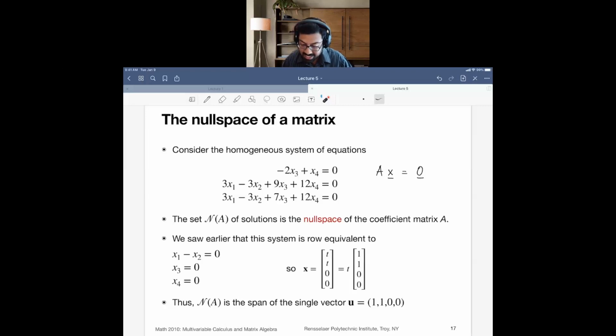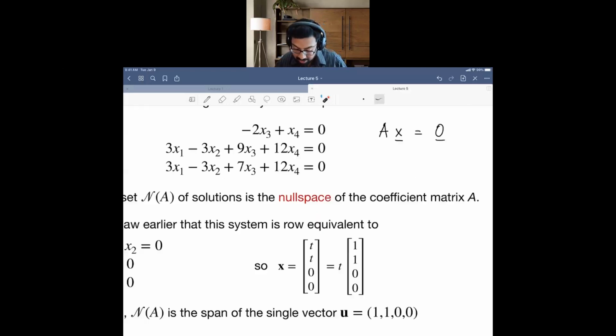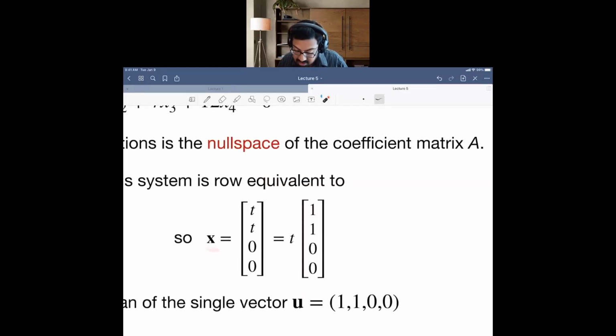What this means is I can write the solution for x as: t some arbitrary value, t some arbitrary value, because the first two have to match, and then the last two have to be 0, so 0 and 0. So over here we have infinitely many solutions, because for any t I will get a solution in x. But I can write that x as t multiplied by this vector 1 1 0 0.